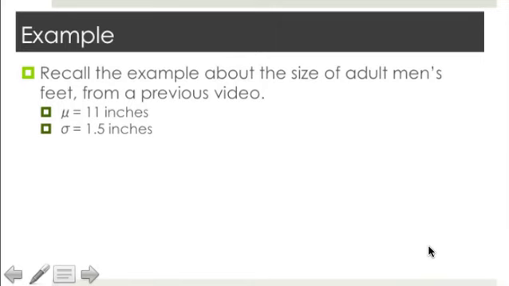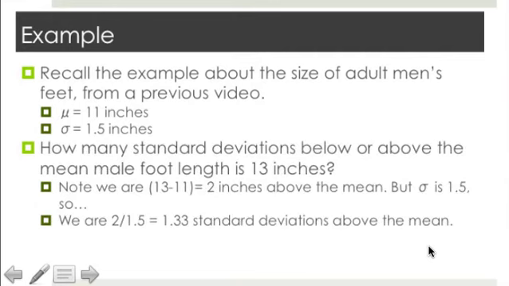Here's an example. The example that we had about the size of adult men's shoes and feet from a previous video. We framed it in terms of Zappos, the online retail store. In that particular situation, for men, the mean foot size was 11 inches and the standard deviation was 1.5 inches. So the question is, how many standard deviations below or above the mean would a foot be if it's 13 inches long?